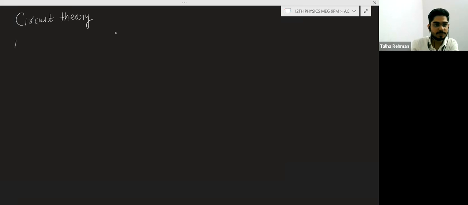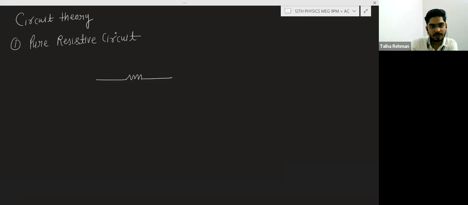So the first circuit is the pure resistive circuit. Pure resistive circuit means you have a resistor, and with this resistor an AC source is connected.